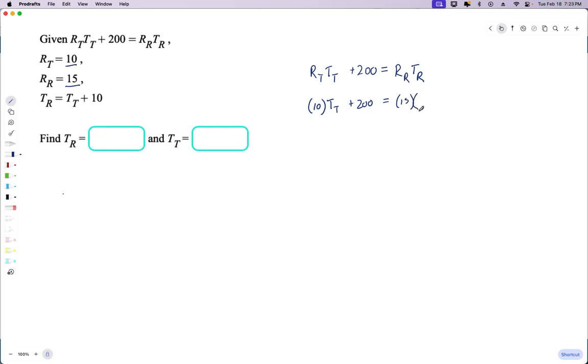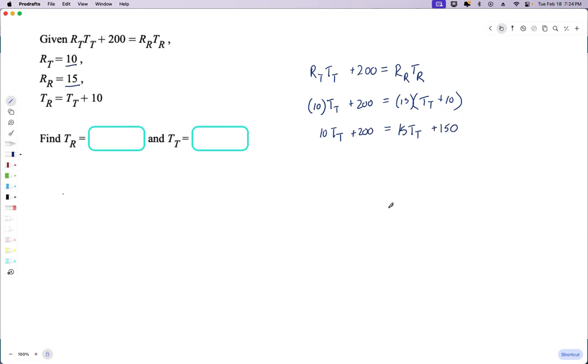And TR is the time of T plus 10. So now we can distribute, we can do all the multiplication. 10 times the time of T is 10 times the time of T. That really didn't change. Plus 200. 15 times the time of T is 15 times the time of T. And 15 times a positive 10 is 150.